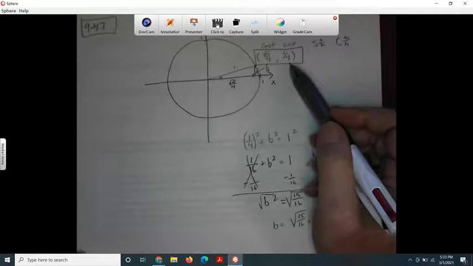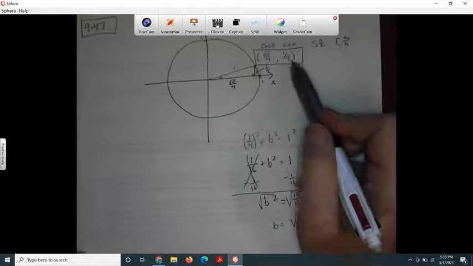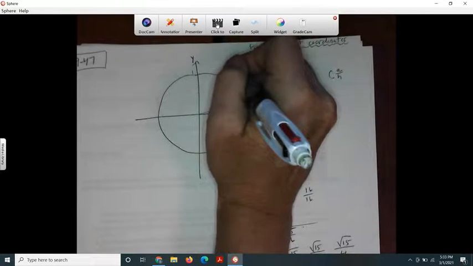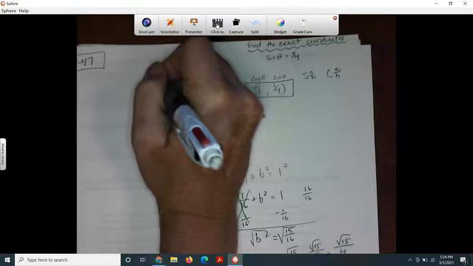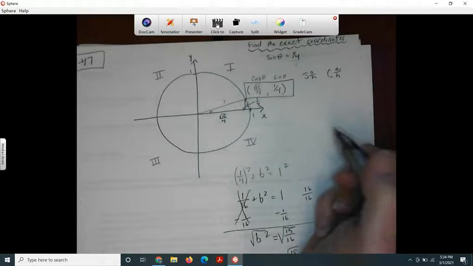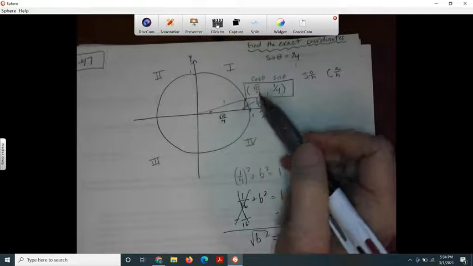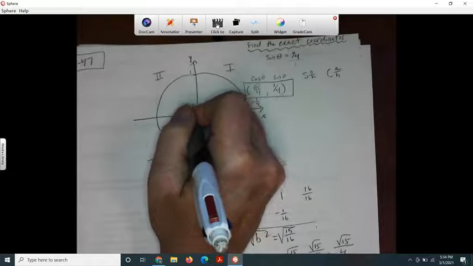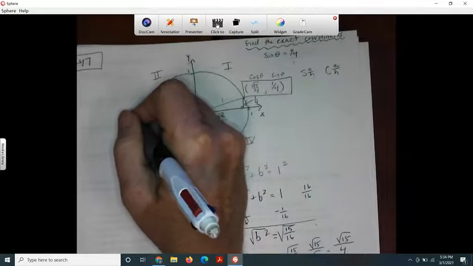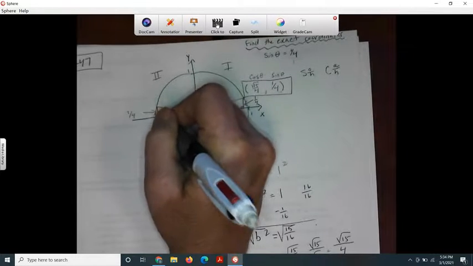Okay, now where else is sine 1/4? Because I know that there's 3 more triangles. This is quadrant 1, quadrant 2, quadrant 3, quadrant 4. Now, there's another triangle on this side that has a height of about 1/4, if that's 1/4, that side length.